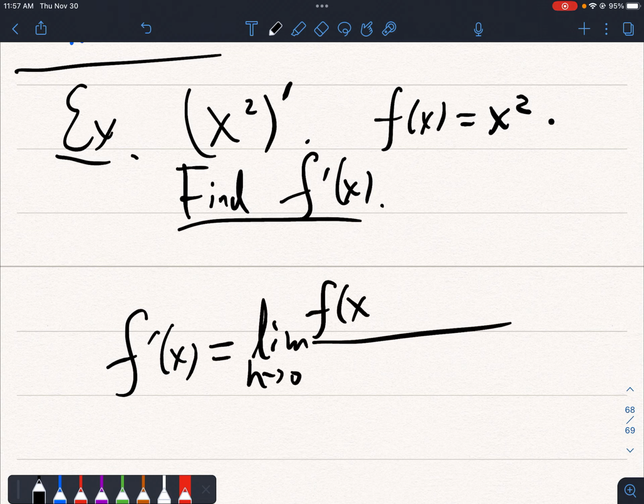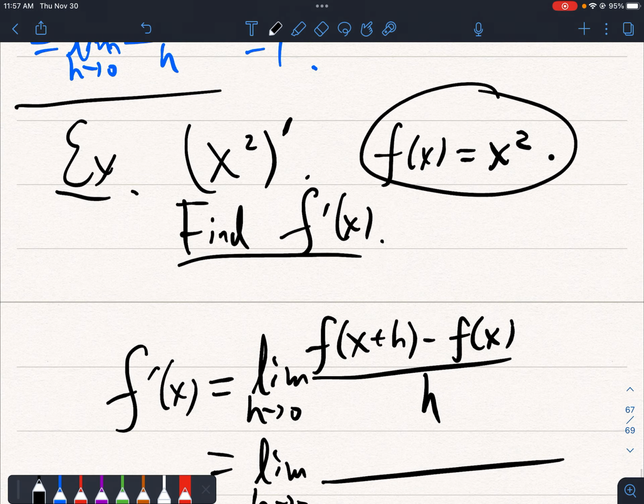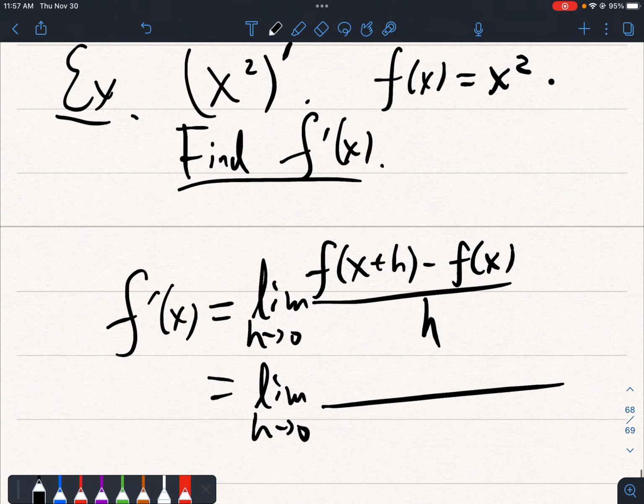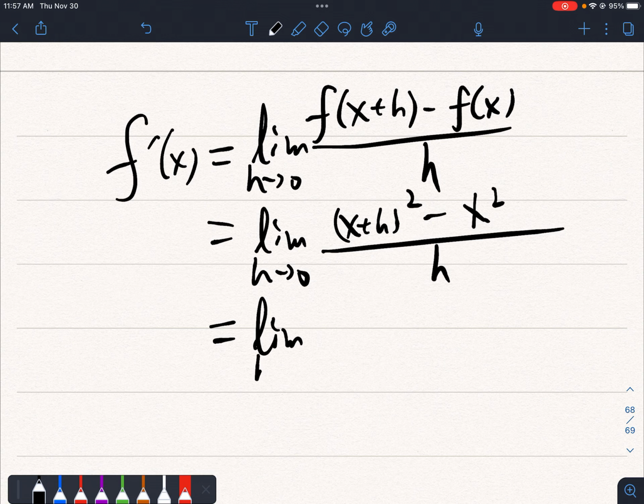So by definition, the derivative of f at x is the limit as h approaches 0 of f of x plus h minus f of x divided by h, right? So we can simply plug in a value. So f of x is equal to x squared in this case. So it is x plus h squared minus x squared divided by h.